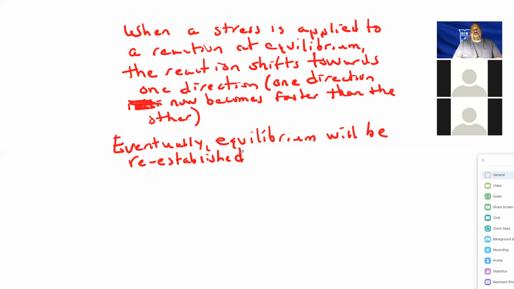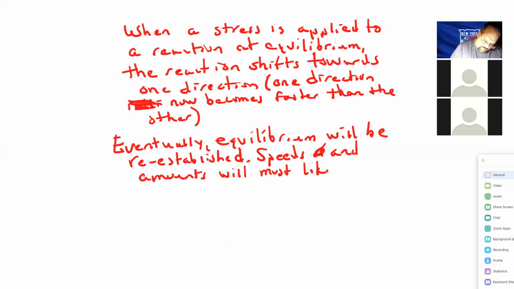And the amounts of the reactants and or products will no longer change, but the speeds and amounts will most likely be different than before.